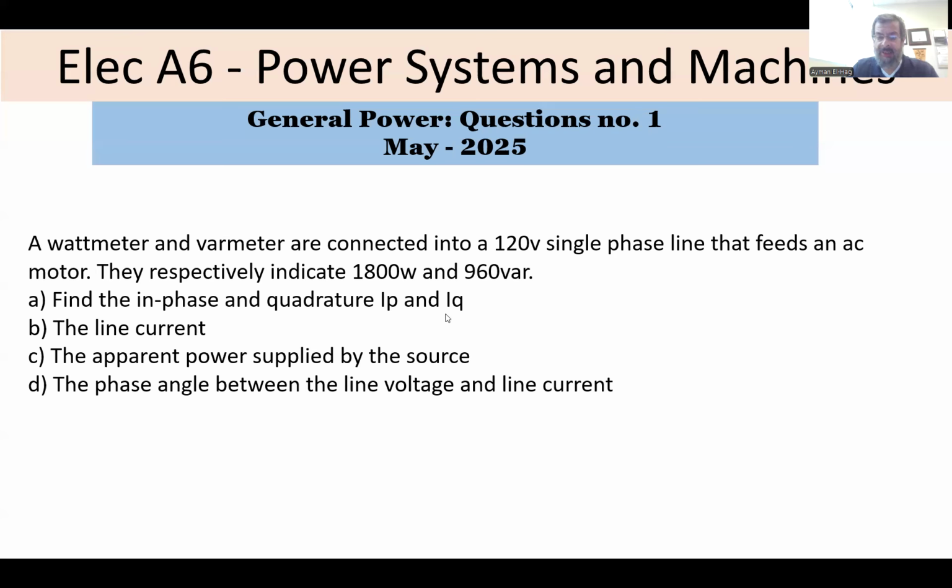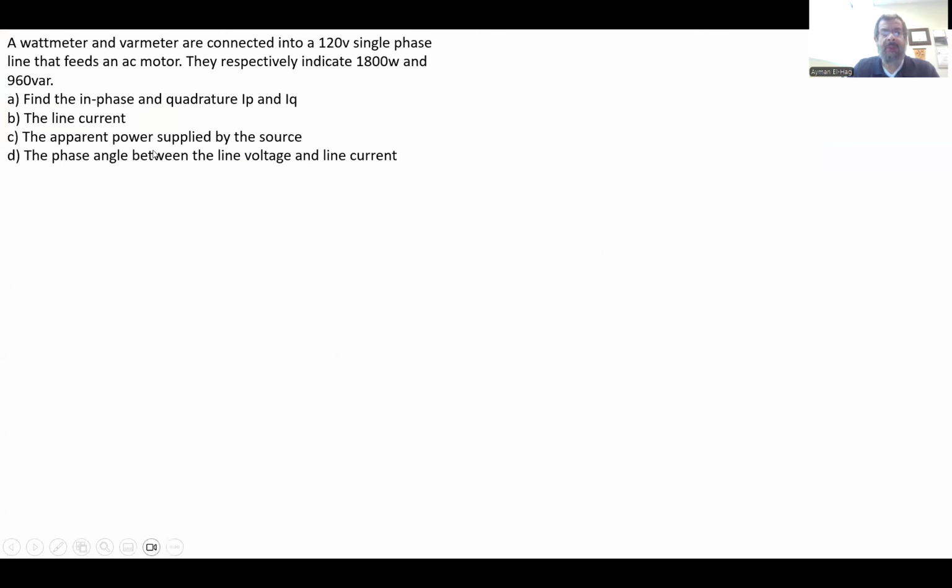So let's see this question. Here it says there is a watt meter and var meter, so basically you are measuring both the P and the Q. You have a single phase line that feeds an AC motor.